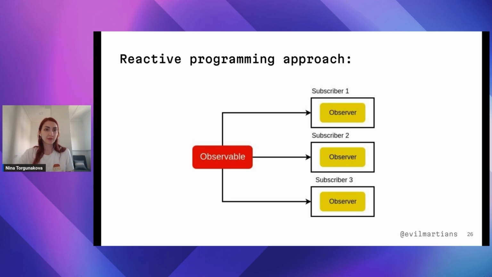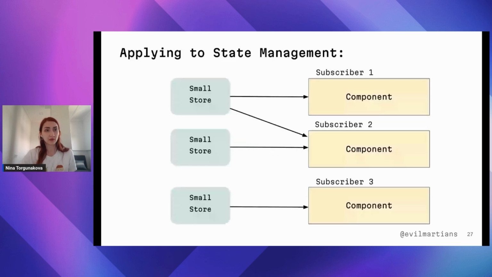We can apply this pattern to state management with one little enhancement. We have no limitation to having only one observable. We can make many observables, so they can contain a small piece of data and not all information about the application.